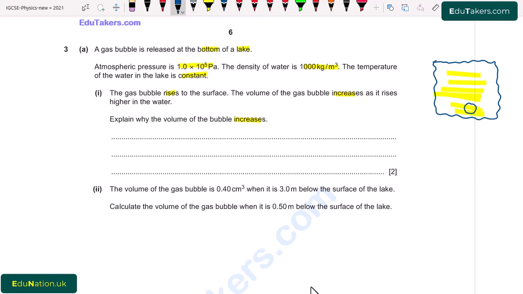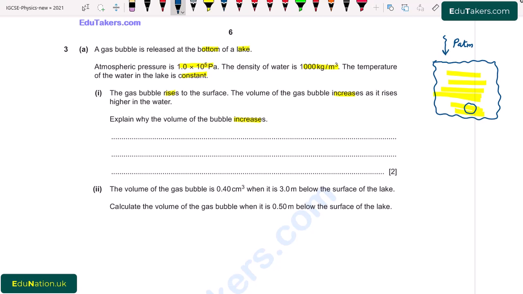So we have to see which pressures are exerted on the air bubble when it is at the bottom of this lake. So there are two pressures. First of all is atmospheric pressure, and the second pressure on this air bubble is due to the water.